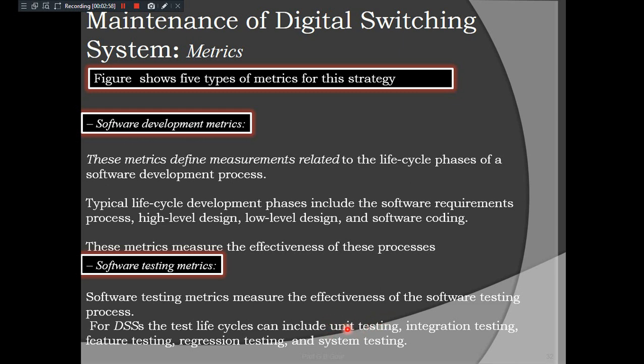The line module takes care of testing that equipment to ensure that the call request we are getting is genuine and is not happening because of a line fault, and some other things also come under unit testing. Then integration testing, and feature testing, meaning we have to test whether the features are allocated or not. Regression testing means we have to test whether everything is happening reliably or not. And system testing also comes under the software testing metrics.